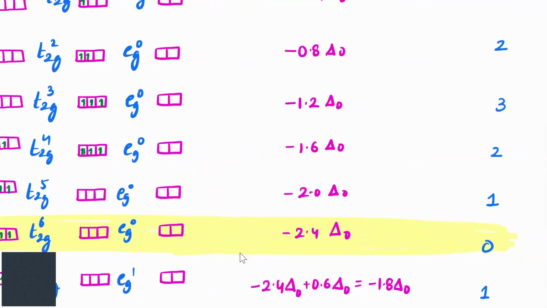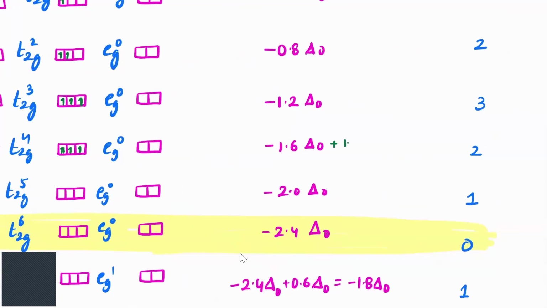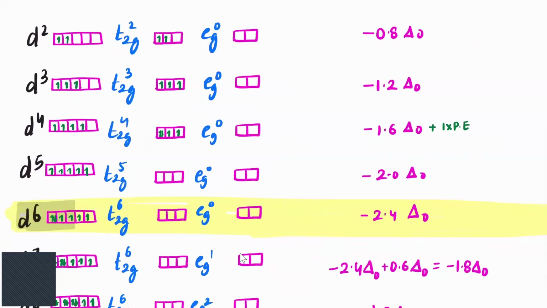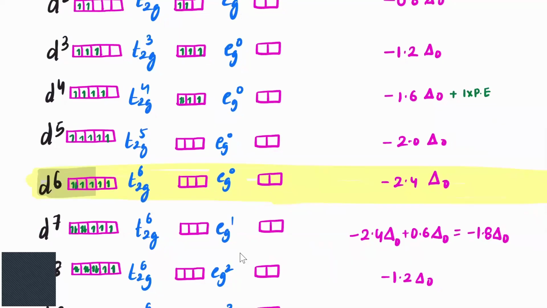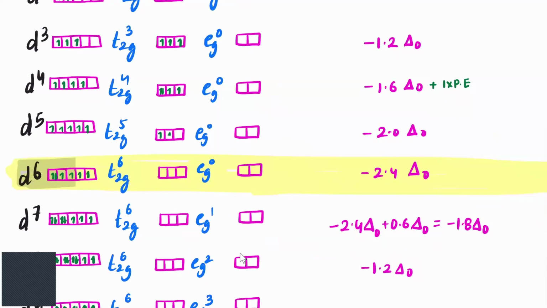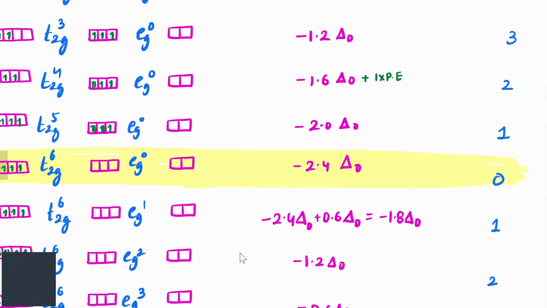So that's when you add plus 1 into pairing energy. Okay. Now see the fifth one. You have 1, 2, 3, 4, 5. So originally there is no pair of electrons. Now they got two pairs. So 2 into pairing energy.